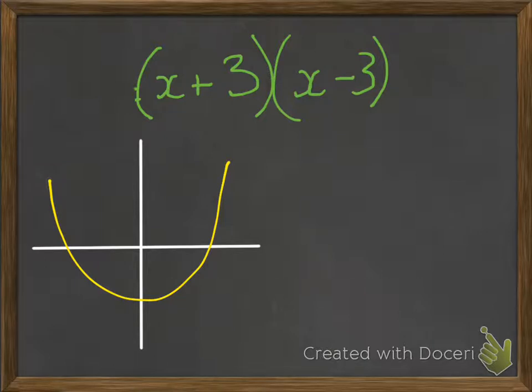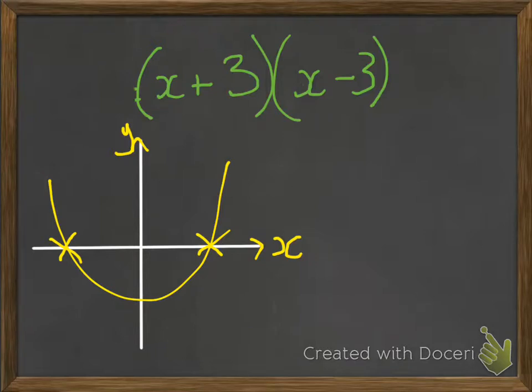In factorising, I'm finding where the line crosses the x axis, where y equals 0, because above that y is positive and below it y takes on negative values. That's what you're trying to find.